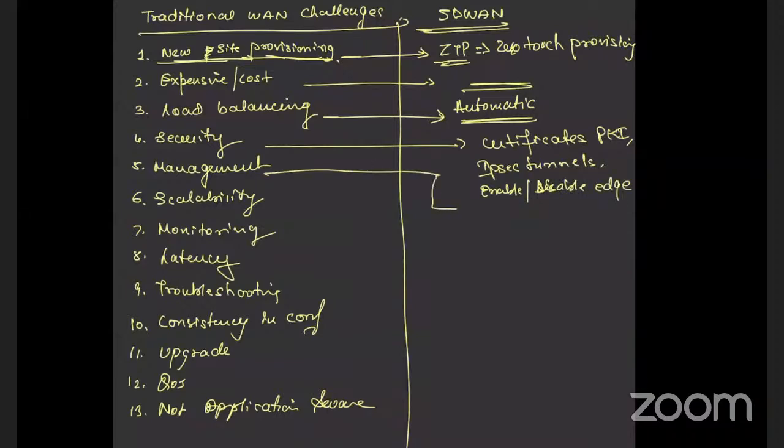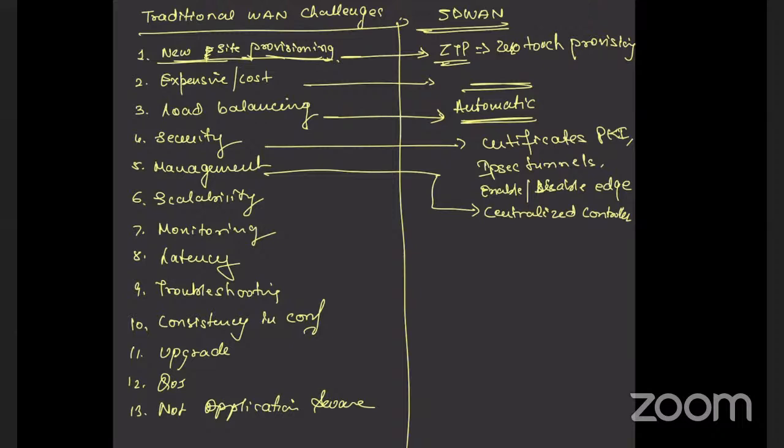Management: you will have centralized management, a centralized controller, which is going to manage all of your sites. Whether it is thousands of sites or 2000 or whatever number of sites you have, you can manage it via a single pane of glass. From the same controller, you can manage n number of sites directly.